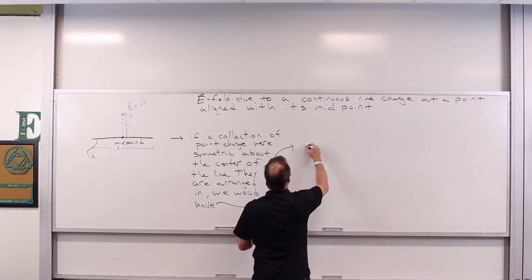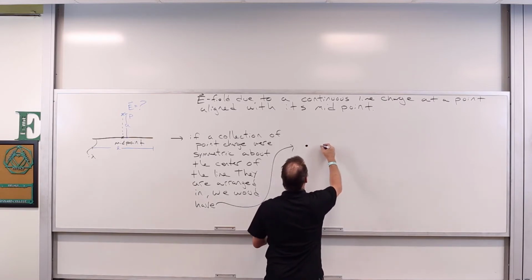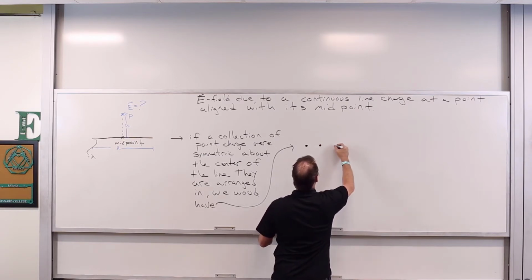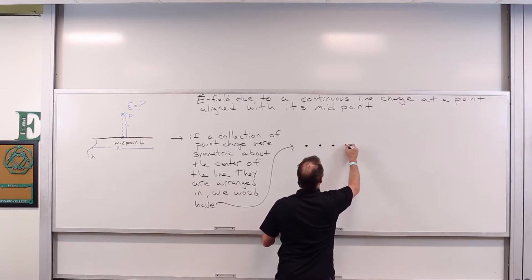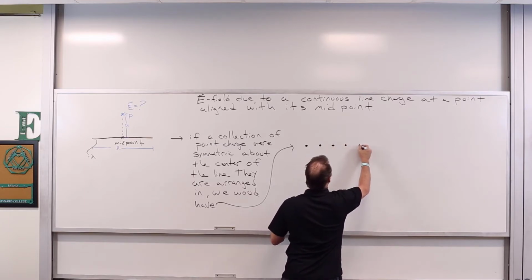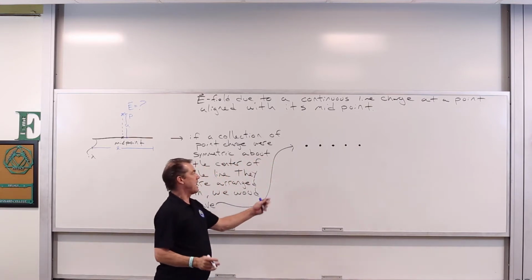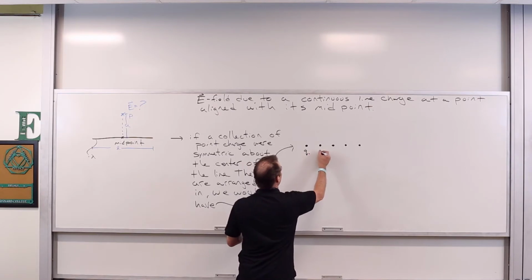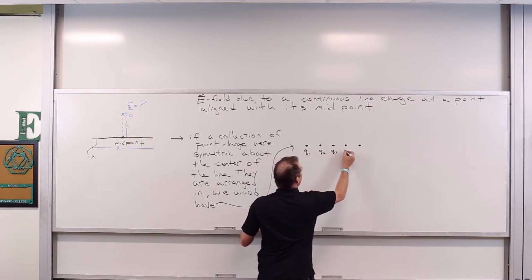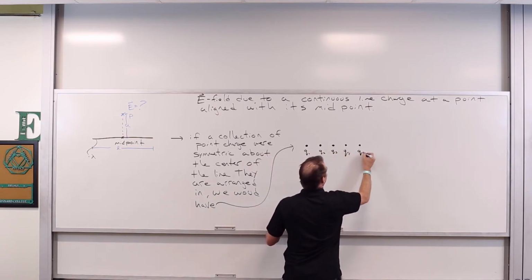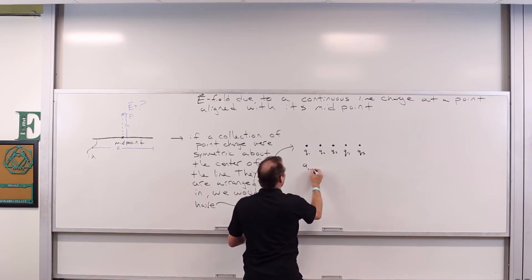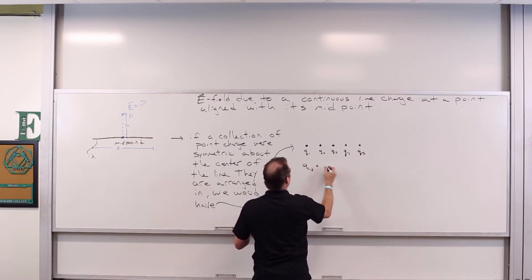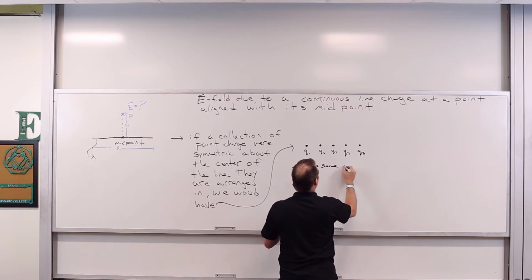So we can take that there is some Q1, some Q2, we'll just do it for a few, Q3, Q4, and Q5. And we'll say that all of these charges are the same, they all have the same amount of Q. So Q1 through Q5 equals the same charge.